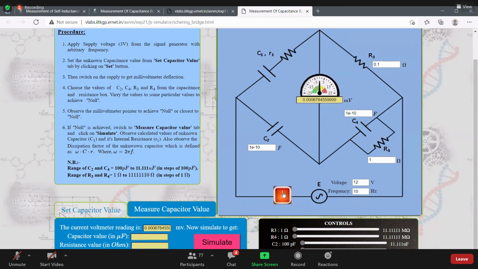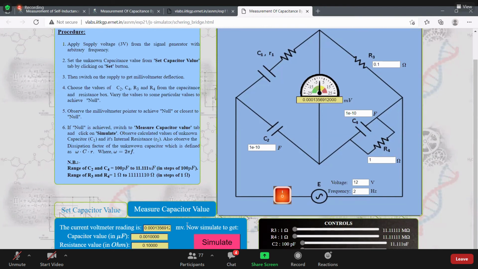It decreased, sir. Simulate. Again change it from 10 to 2. Decreased again. So what did you understand? This is directly proportional to frequency.